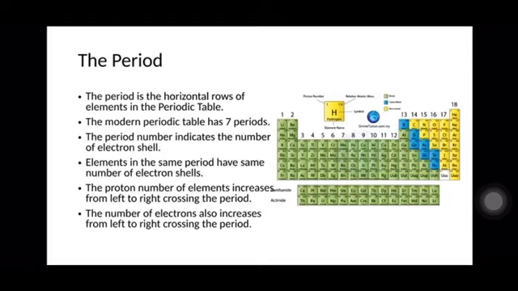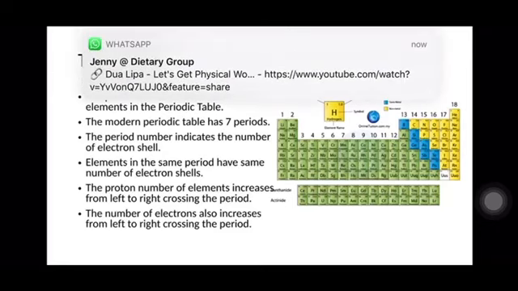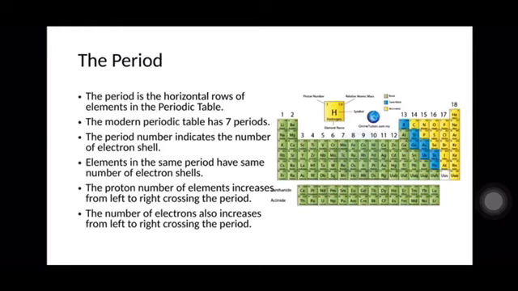For the modern periodic table there are 7 periods altogether. Look, there are 7 rows: 1, 2, 3, 4, 5, 6, 7. And the period indicates the number of electron shells occupied with electrons. Elements in the same period have the same number of electron shells.